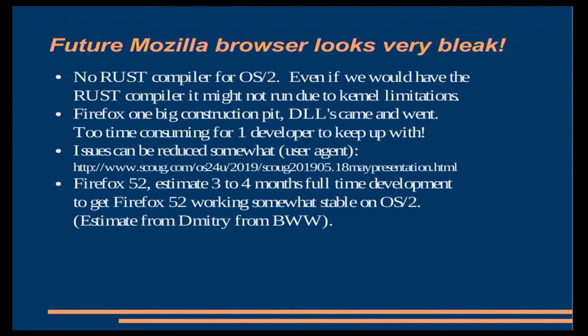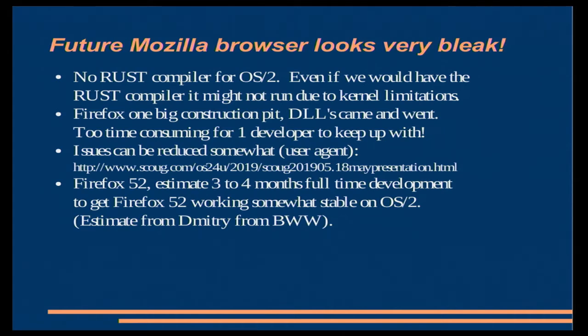If somebody can create it for OS/2, that would be great. I've understood that the Rust compiler might not even run on OS/2, since there are some kernel limitations, namely that we don't have enough memory space available. Because the Mozilla browser switched over to the Rust language for developers.